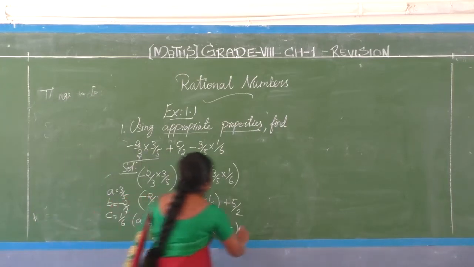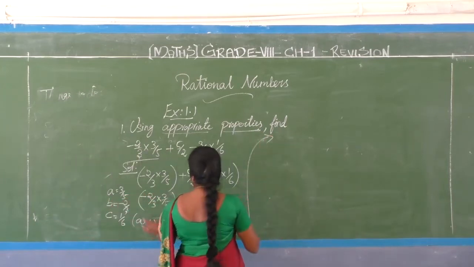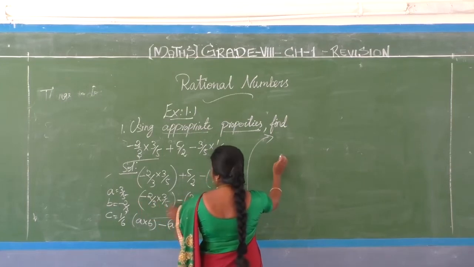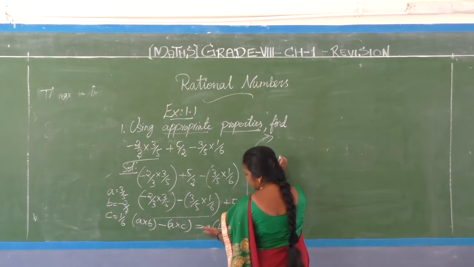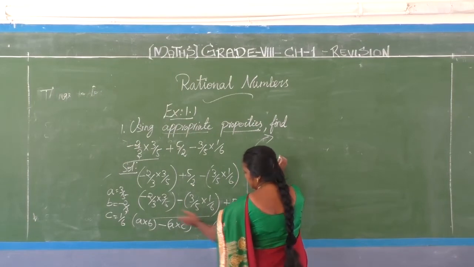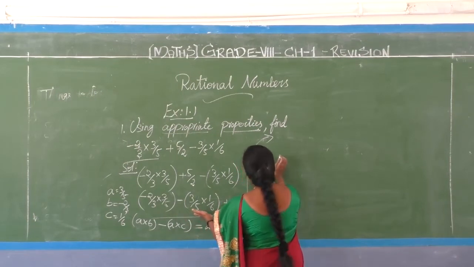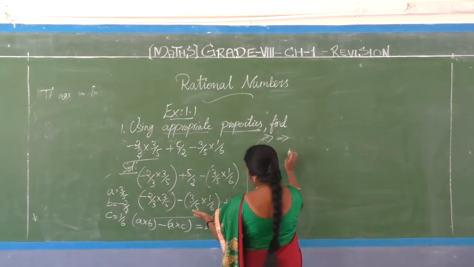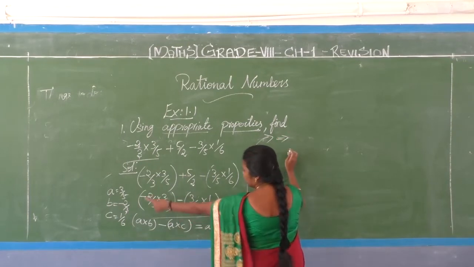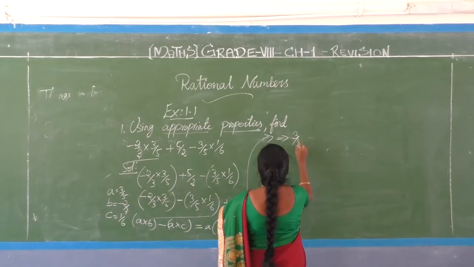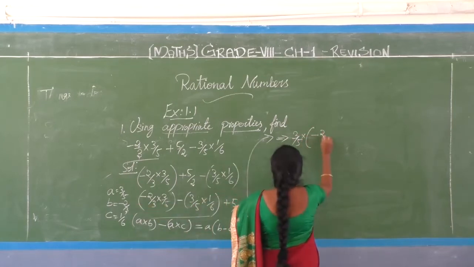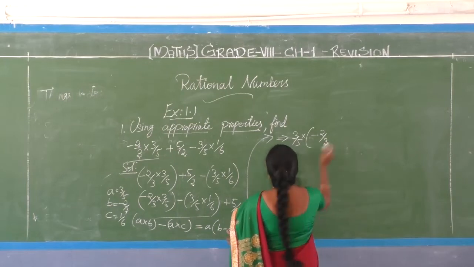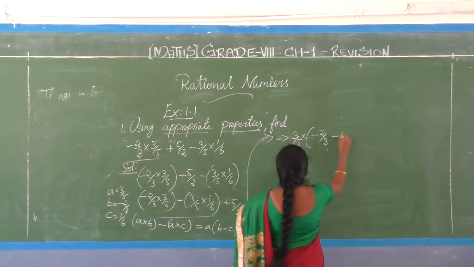And then what comes? See, A into B minus A into C is equal to what on the right hand side? A into (B minus C). So these two groups are going to simplify this way using this formula. A value assumed as 3 by 5, into B value minus 2 by 3, minus C value 1 by 6.